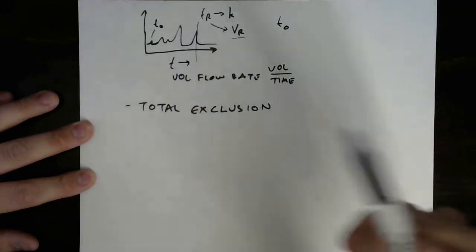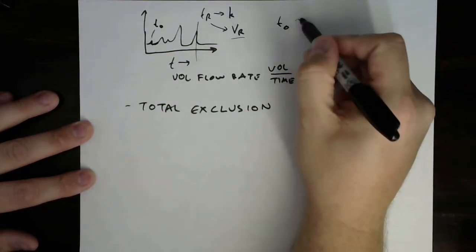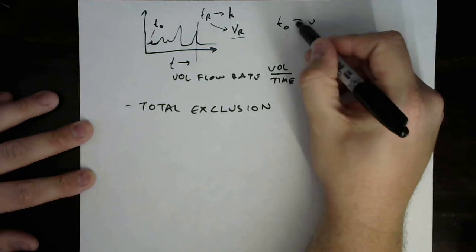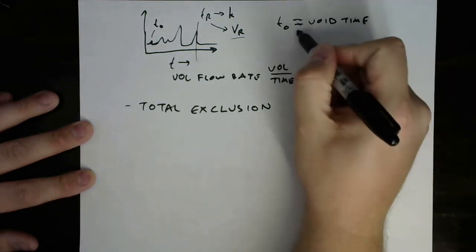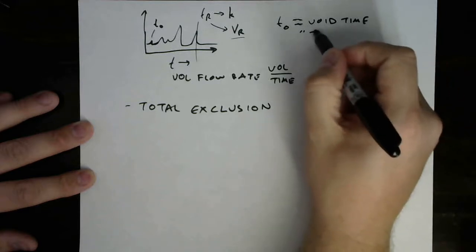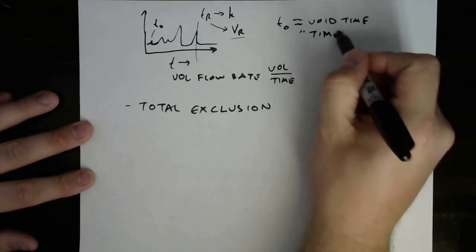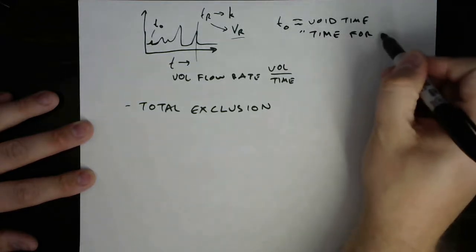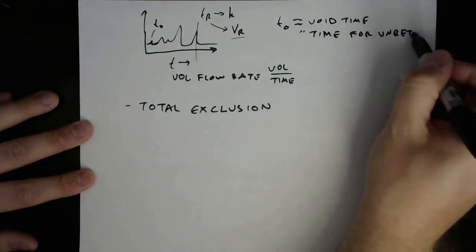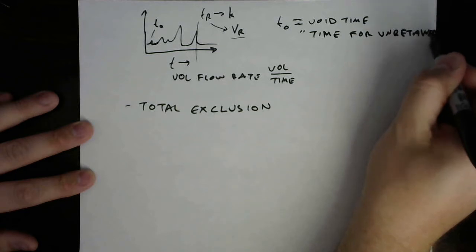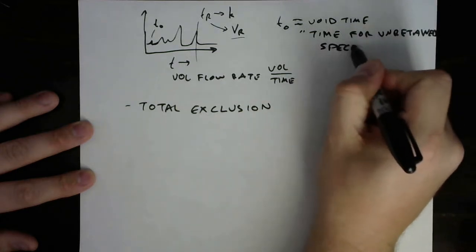We'll call that T0, the void time, which was also referred to as the time for an unretained, that's the key here, unretained species.